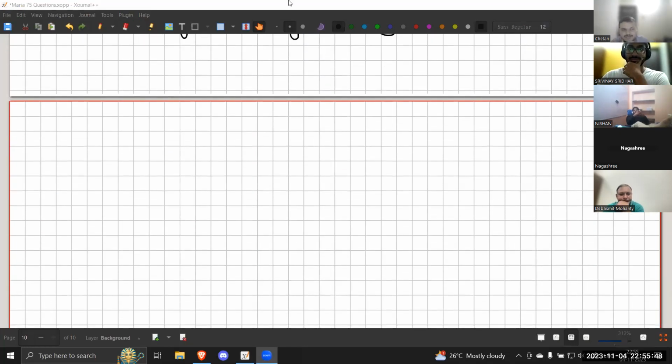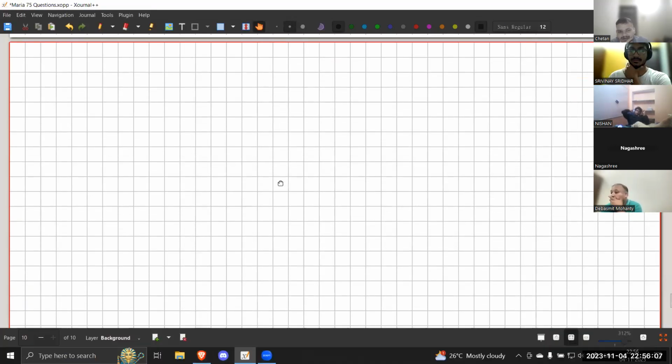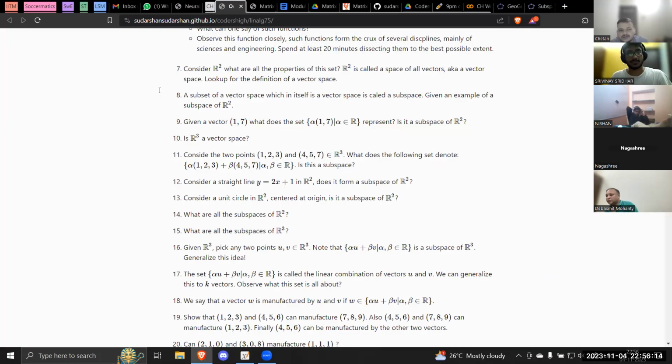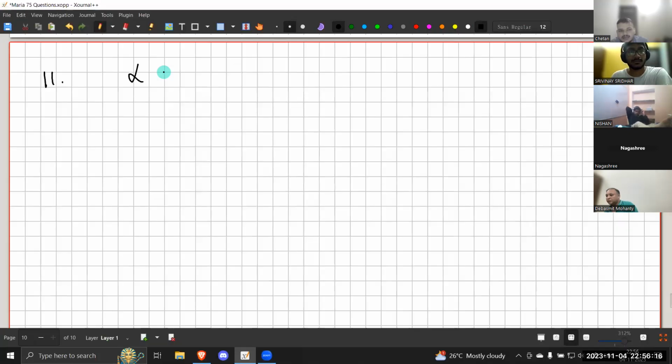You can do the same thing, just like how we built this story for subspaces in R2, you can do the same thing for R3 as well. So can anyone tell me, is alpha times (1, 2, 3) plus beta times (4, 5, 7) a subspace?